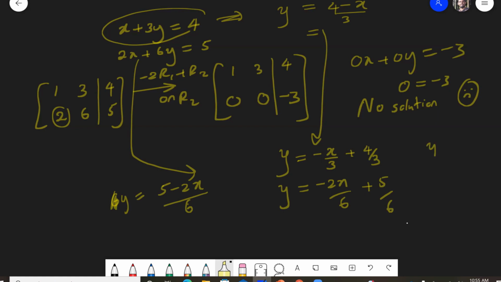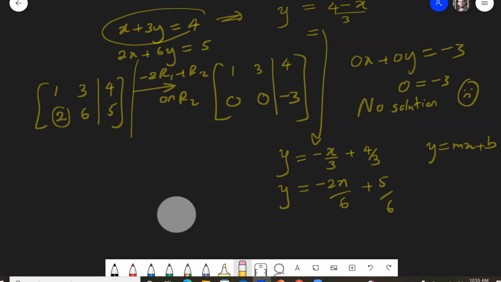I am putting this in y equals mx plus b form because it's easy to draw in a graph. Now look at these numbers. This one is actually negative x over 3, because negative 2 over 6 is negative 1 over 3, plus 5 over 6.